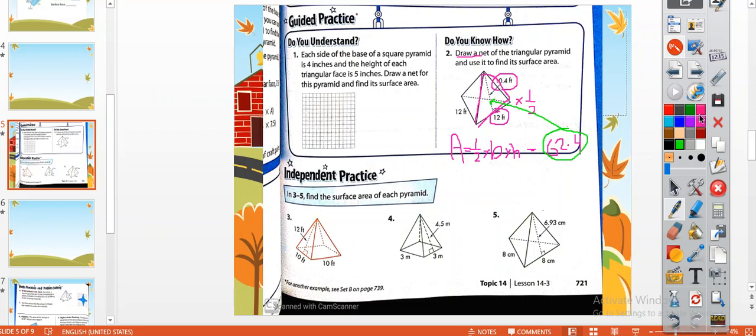This 62.4 just represents the area of one triangle. So to find the surface area, you just multiply 62.4 by 4, which is the number of faces of this pyramid, which gives 249.6, and remember the unit, which is square feet.